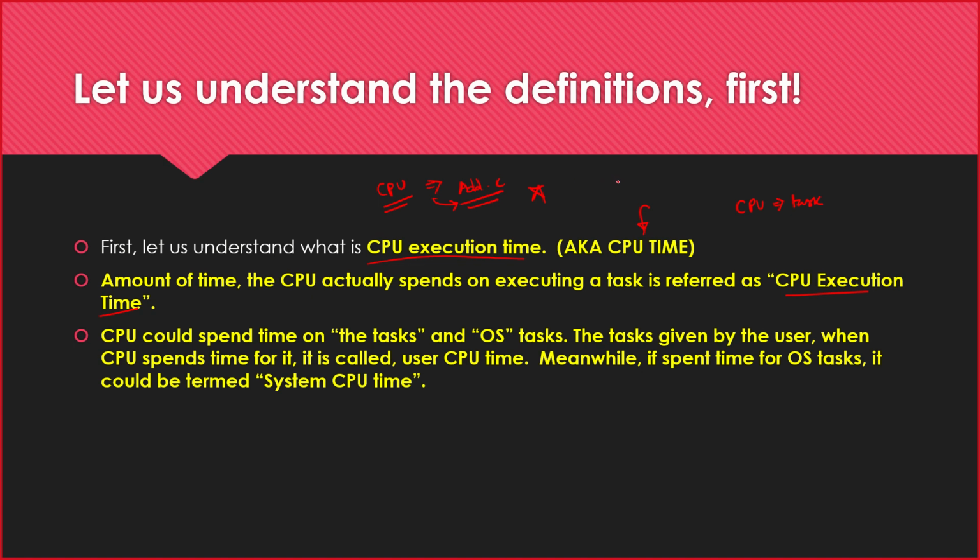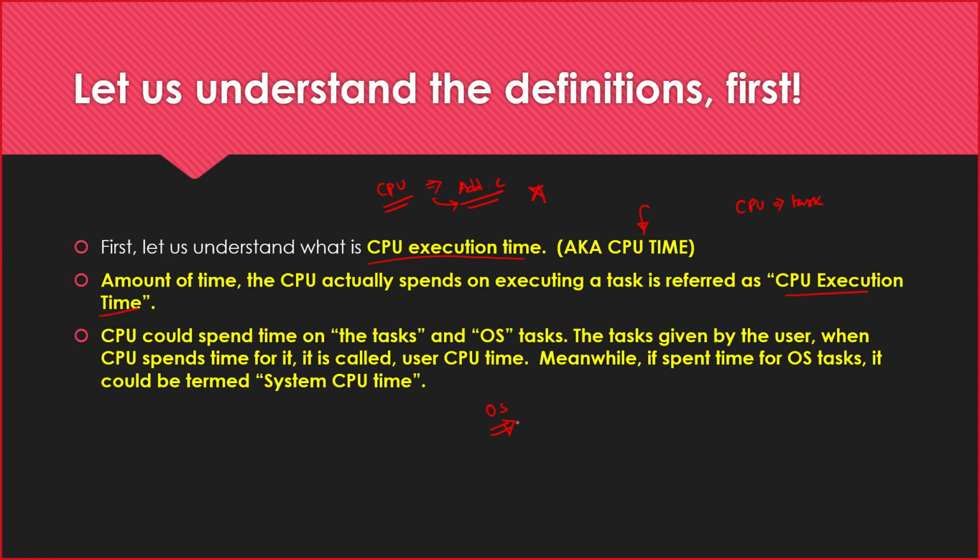The tasks are nothing but the OS tasks, or it can be the CPU tasks. The tasks that we can connect with the CPU could be the tasks that you have made it run, or the tasks that the OS has given it. Parallelly, multiple things are running in the background, right? So it is called the OS task.